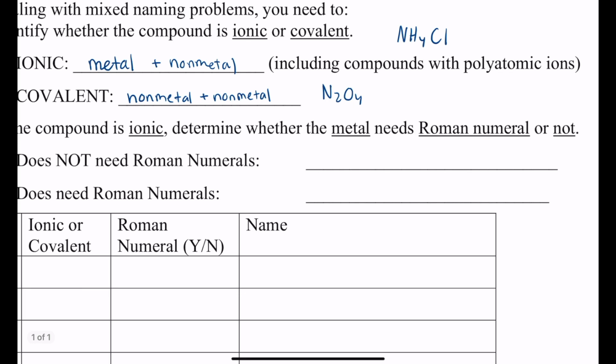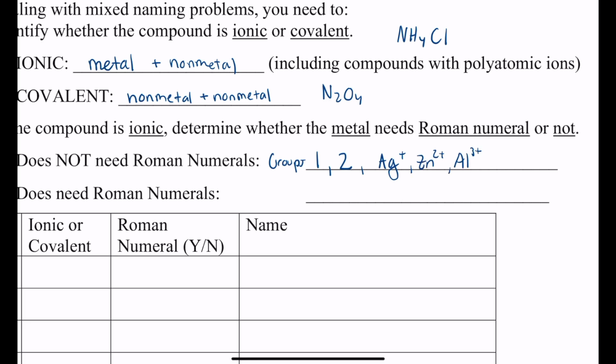Things that don't need Roman numerals are any metals in group 1, your alkali metals, because they'll always have a 1 plus charge. Anything in group 2 will always have a 2 plus charge. So your alkaline earth metals like magnesium, calcium, etc., don't need Roman numerals. And then we have silver, zinc, and aluminum.